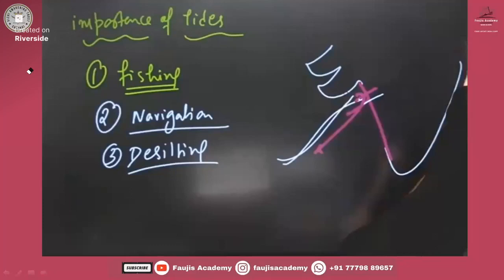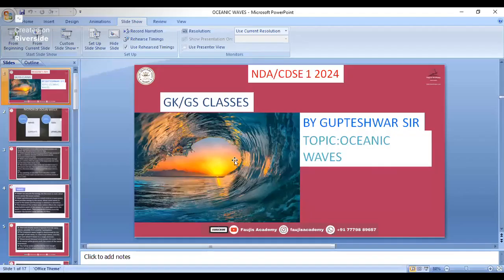Remember that when we have the new moon and the full moon, we have the high tides. High tide is also known as the spring tide. That was all about the tides.